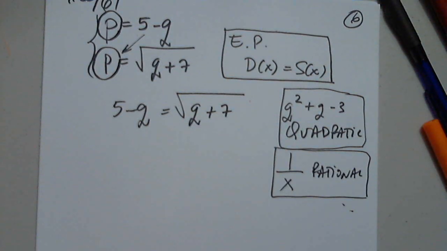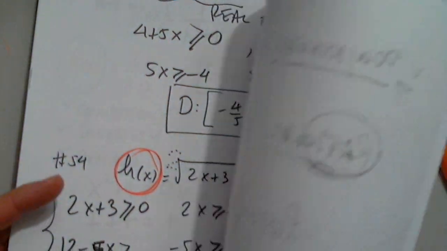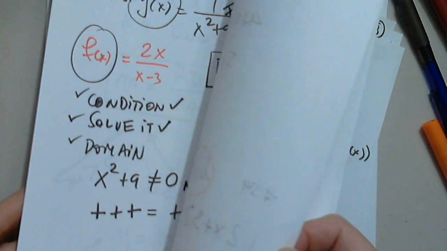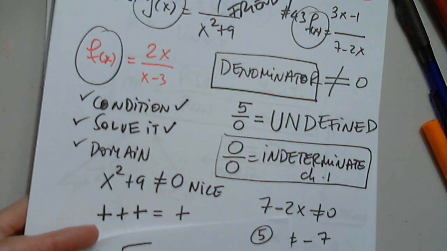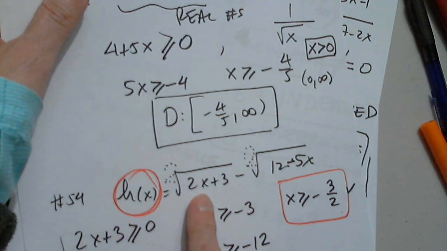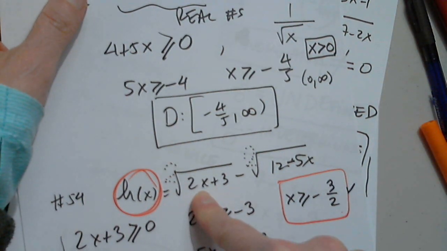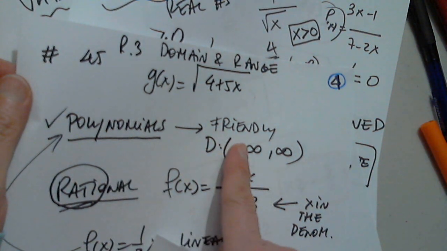Okay, so let's go back to the analysis from last time. We looked at 3 different functions. We looked at this one. We looked at this one. And we didn't look at this one, but we said it's friendly.